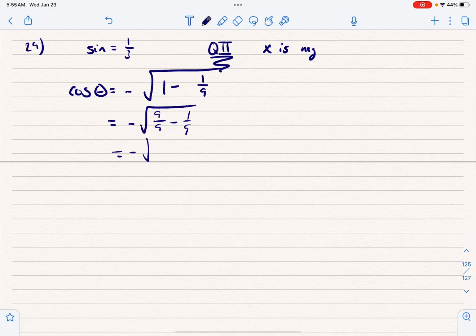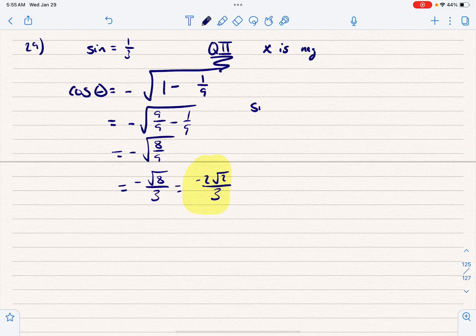So we get negative square root of 8/9. Now I can square root the bottom and get a 3. And so that's what it is. You could also simplify this and get negative 2 times the square root of 2 over 3. I'm okay with either answer right now. In the future, I'll definitely want to simplify this as much as we can, but right now, we're okay.